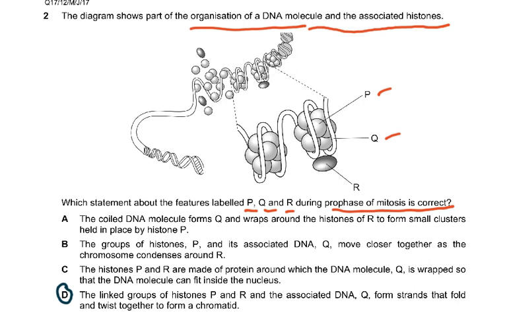The others are all wrong because you see, the coiled DNA molecule forms Q and wraps around the histones of R to form small clusters held in place by histone P. Well, no, that's not right. The group of histones P and associated DNA Q move closer together as the chromosome condenses around R. No, they condense around the histone proteins P. The histones P and R are made up of proteins around which DNA molecule Q is wrapped so that the DNA molecule can fit inside the nucleus.